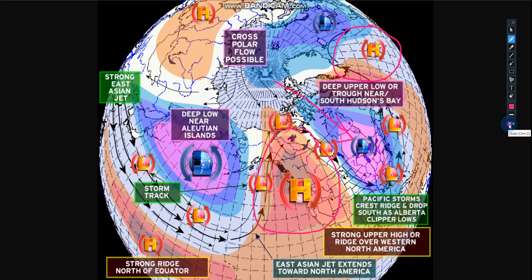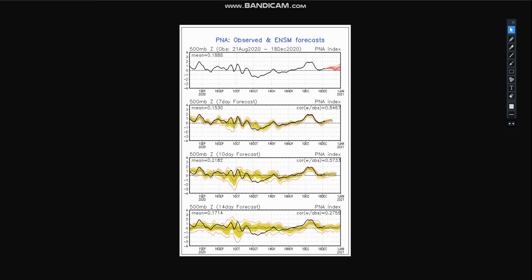The PNA again is a ridge that forms in the western part of the Pacific and drives that Arctic air south, east, and northeast. At this time, the PNA looks to go positive, tries to go back into the negative range, but quickly bounces back to the positive range by January.